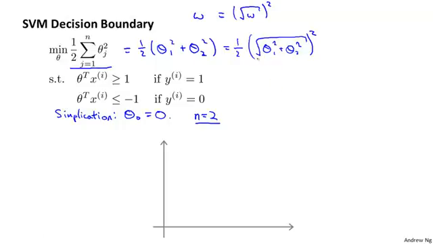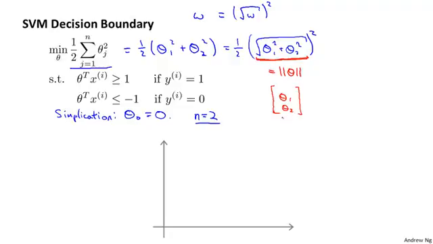And what you may notice is that this term inside the parentheses is equal to the norm, or the length, of the vector theta. What I mean by that is that if we write out the vector theta like this, theta 1, theta 2, then this term that I've just underlined in red is exactly the length, or the norm, of the vector theta, following the definition of the norm of a vector that we had on the previous slide.